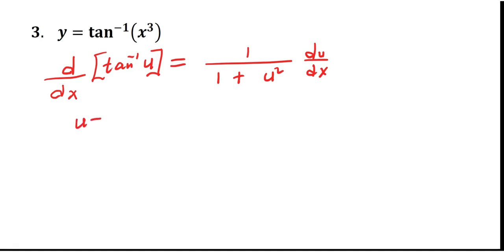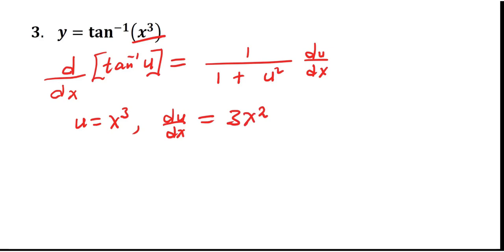So u is equal to x cubed, and if we take the derivative of u, du/dx, this will be equal to 3x squared.